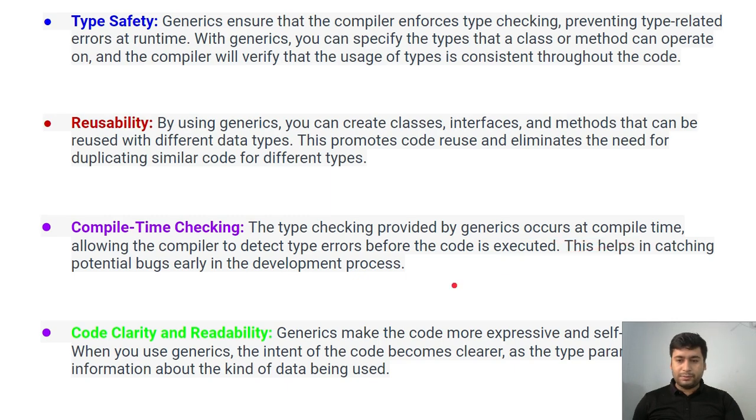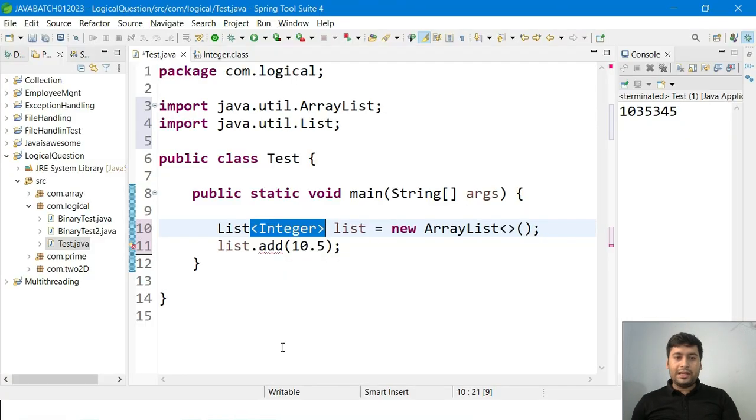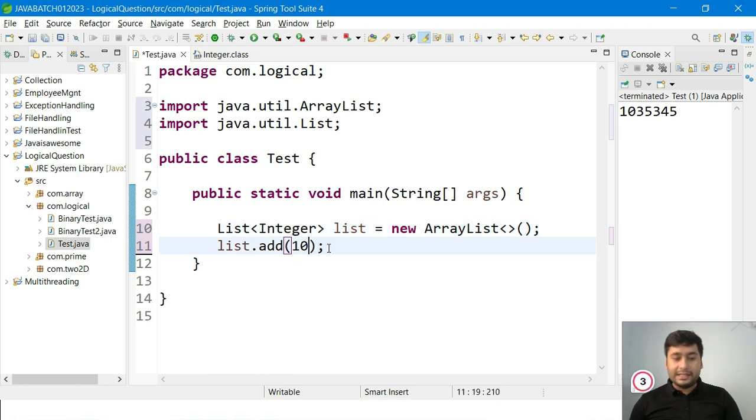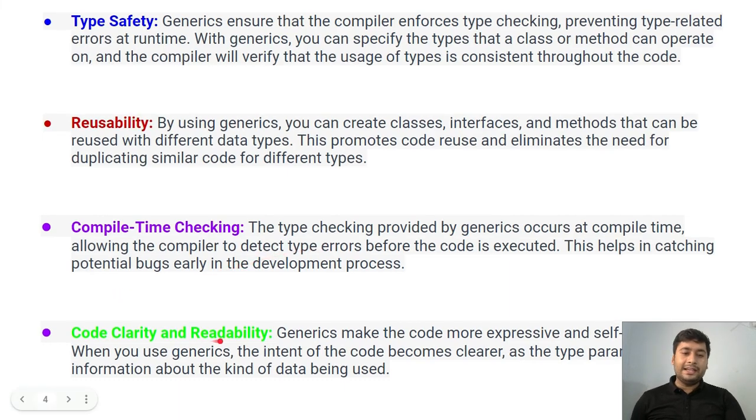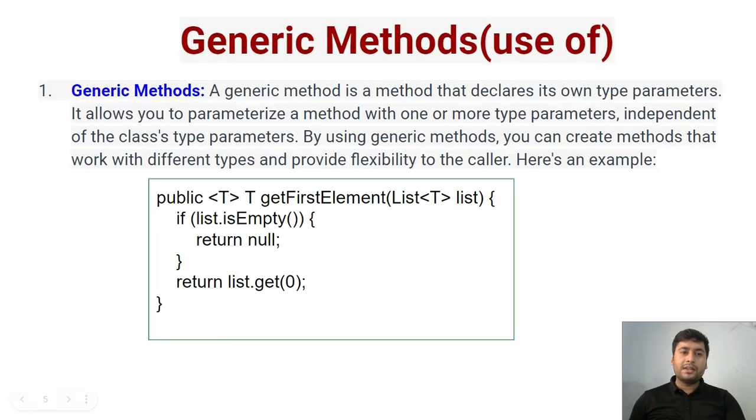As we have seen before, while storing a double, it will not support it and will give an error. That is called type checking. Then code clarity and readability: if you specify that this is only capable of storing integer values, it makes for clear code. So it will increase code clarity and readability also. That is called generics.